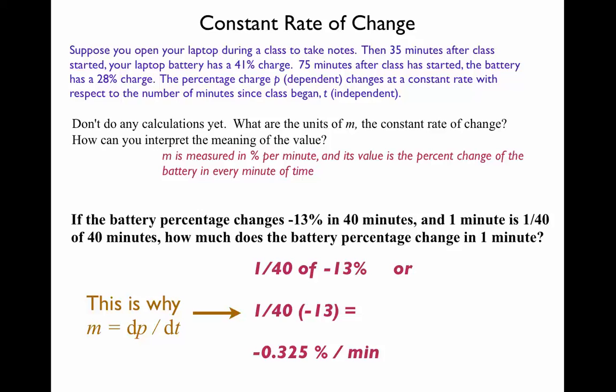And that's essentially negative 13 divided by 40, or 1/40th of negative 13. Okay, so here's our constant rate of change. We know that that means for any change in time, the change in percentage will be negative 0.325 times that change in time.